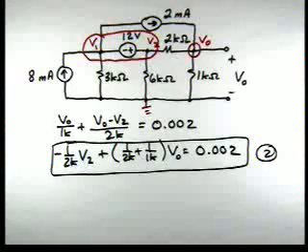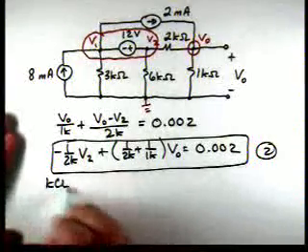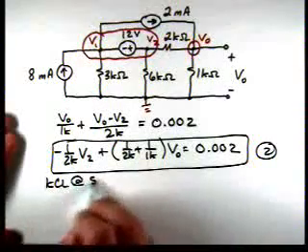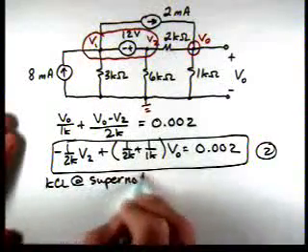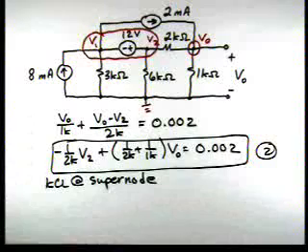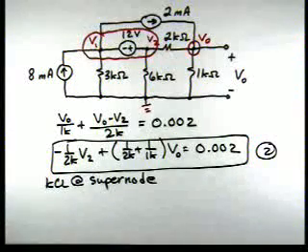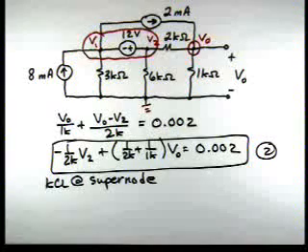Now, to get our third equation, we're now going to apply KCL at the supernode. We're going to do the same thing. We'll sum currents leaving the supernode through resistances and set it equal to currents entering from sources.